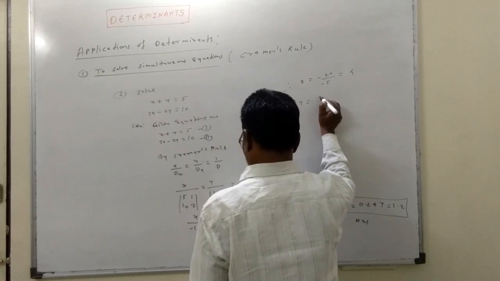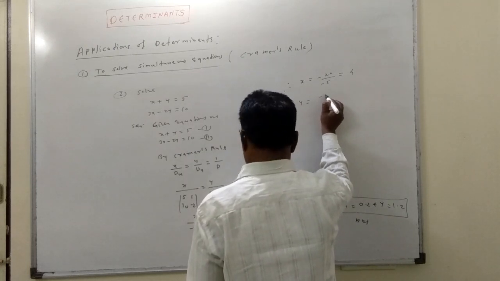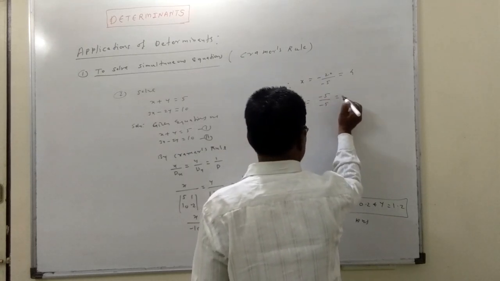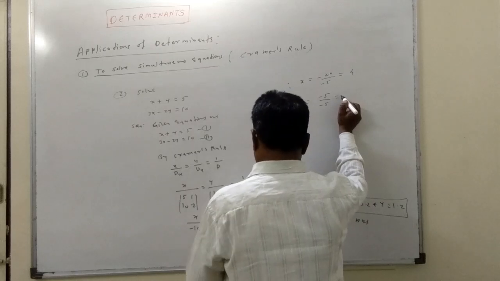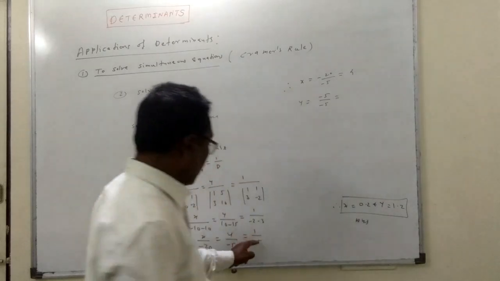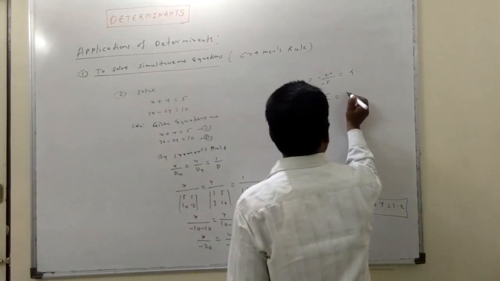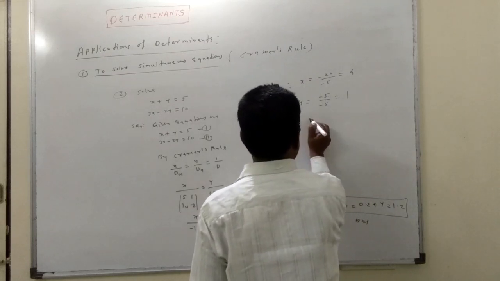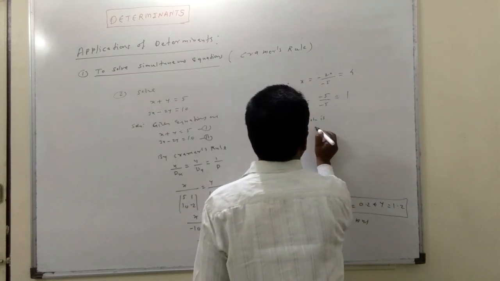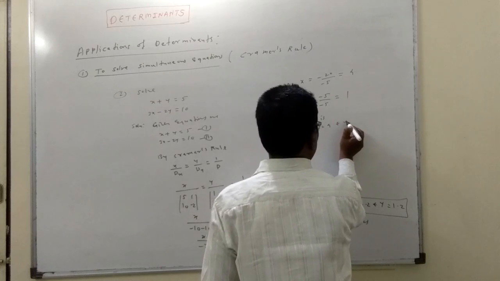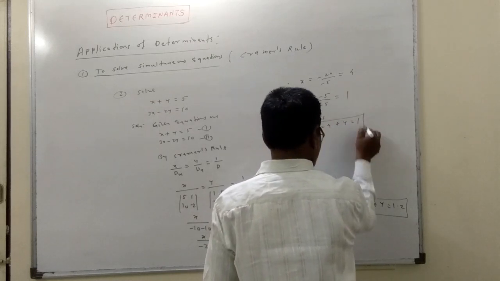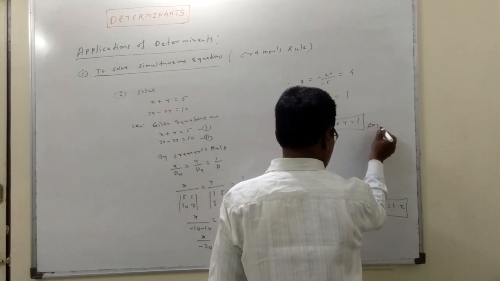Y is equal to minus 5 divided by minus 5, so minus minus plus, 1. So the solution is x is equal to 4 and y is equal to 1. This is the answer.